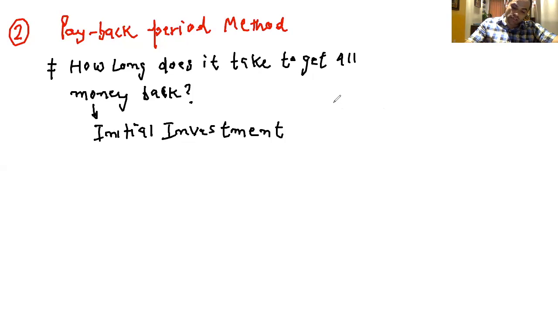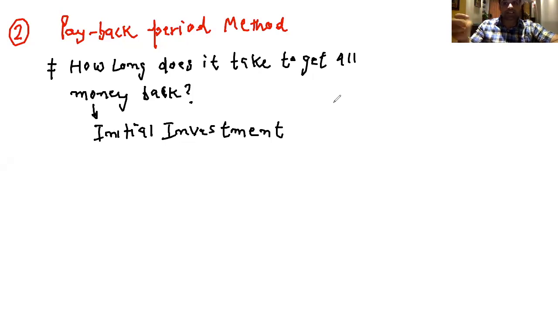One project gives us a $2,000 cash inflow return, and another project gives us $5,000 cash inflow return. In which project will we recover money faster? Obviously, the project giving us $5,000 per year.